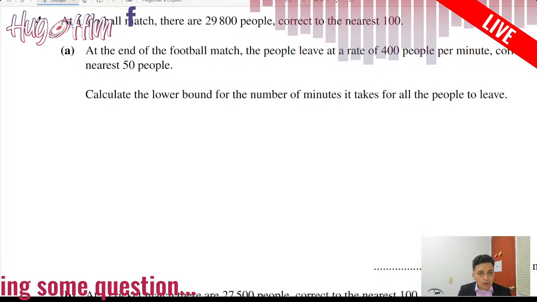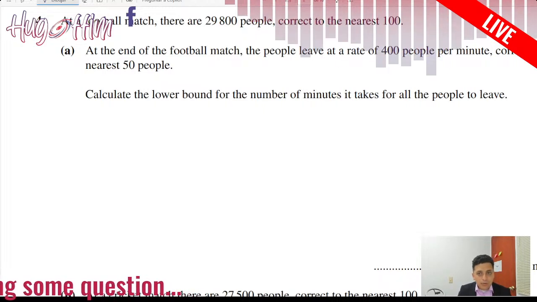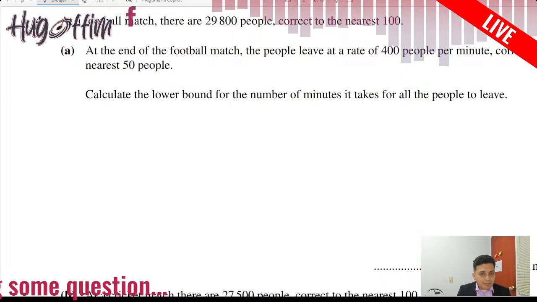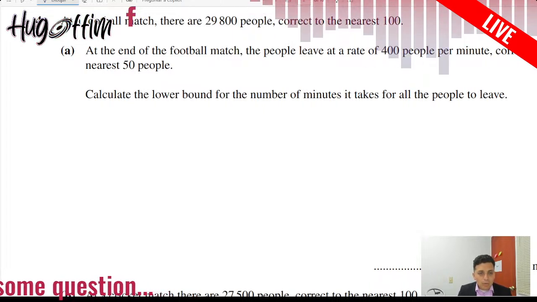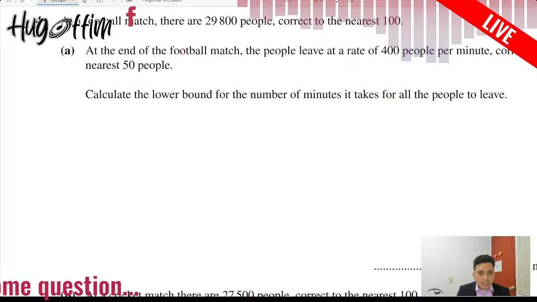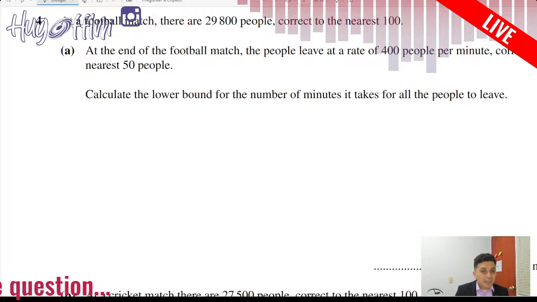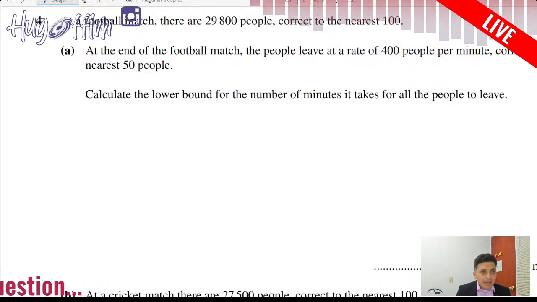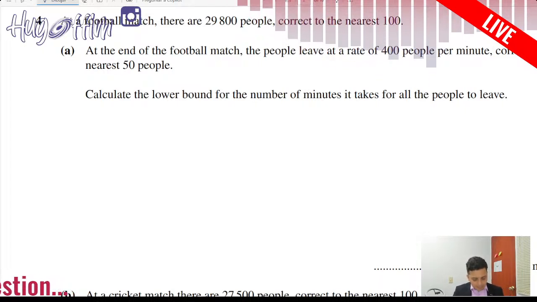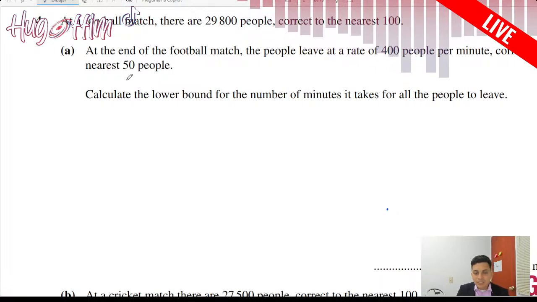Calculate the lower bound of the number of minutes it takes for all the people to leave. Okay, so we need to think in the same way. If you want to calculate the time it takes to leave, let's forget the correction to the nearest 100 or the nearest 50.